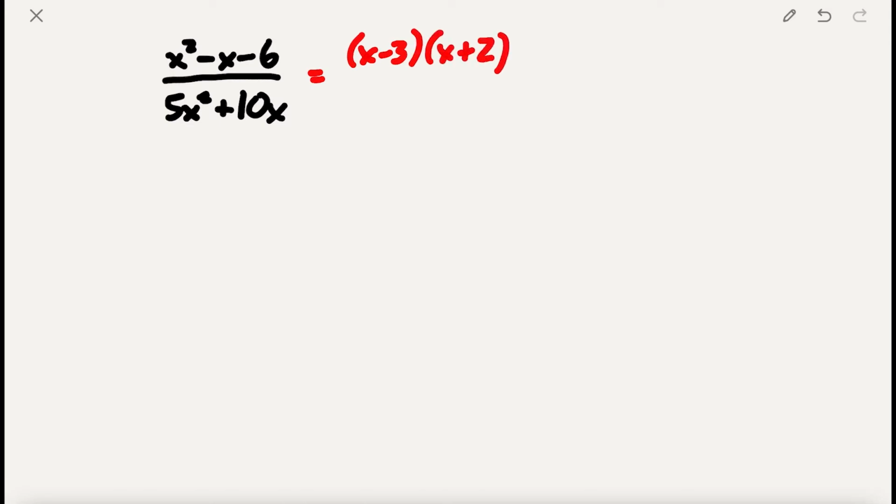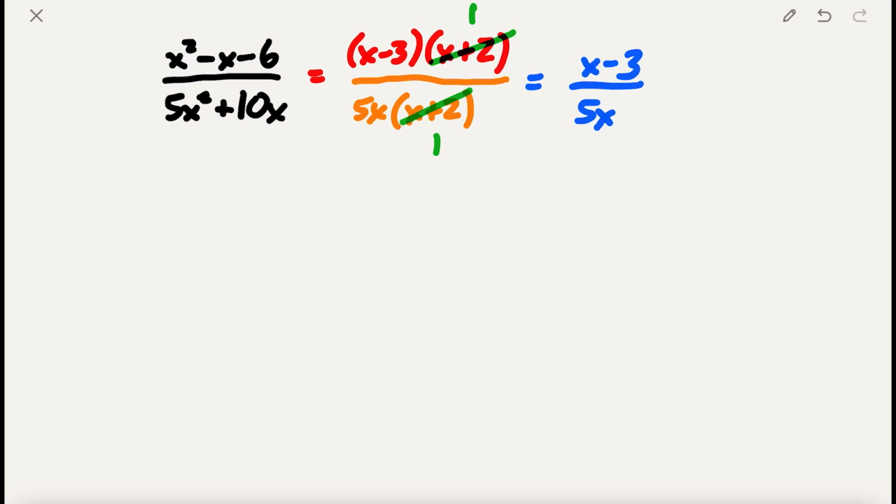And then we're dividing this all by, I'm going to factor out a 5x actually from here, and you're going to end up with x plus 2 here. And the great thing about seeing this factored form of it is you can see that the x plus 2 and x plus 2 will divide out. Okay, and then you're left with your final answer of x minus 3 all over 5x.